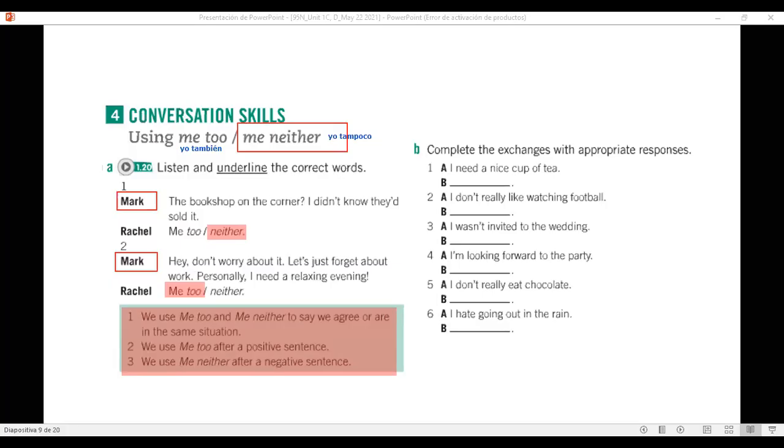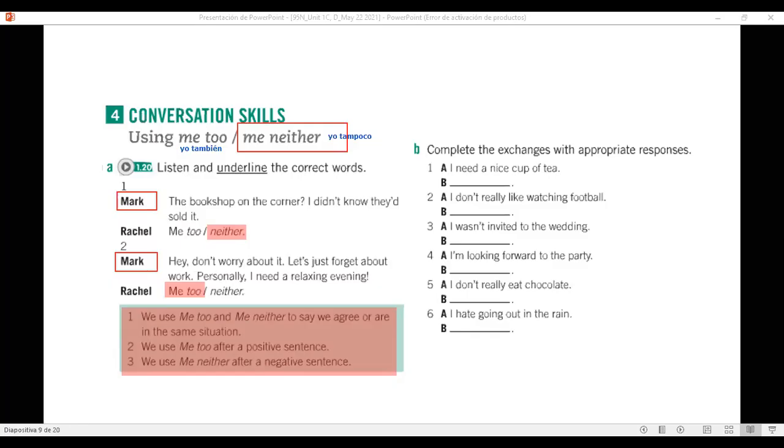So I think it's clear when you're going to use these two sentences, okay? When you share the same opinion or the same situation and this situation is positive, you're going to use me too in order to respond to that opinion. But when you agree in a negative situation with someone else, you're going to use this me neither. ¿Sí?